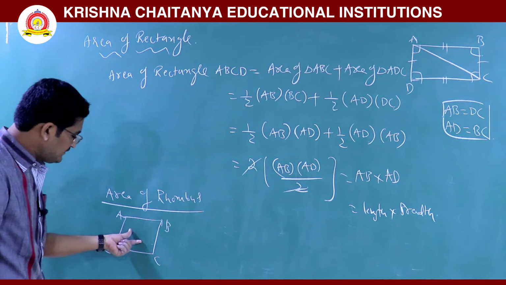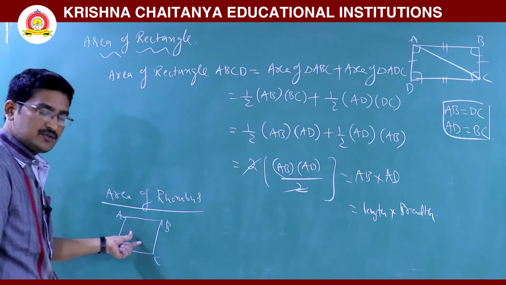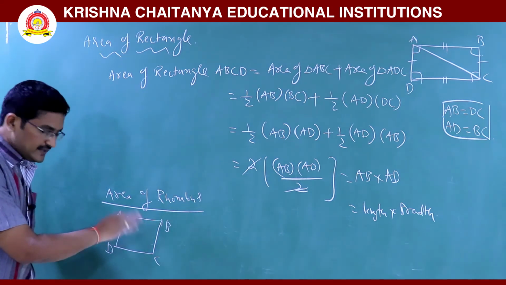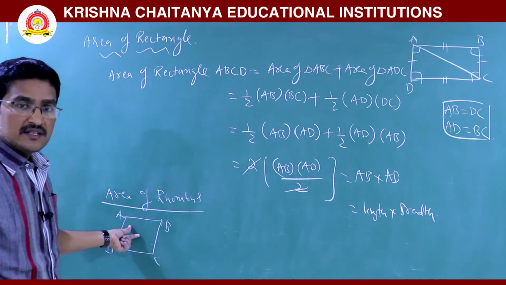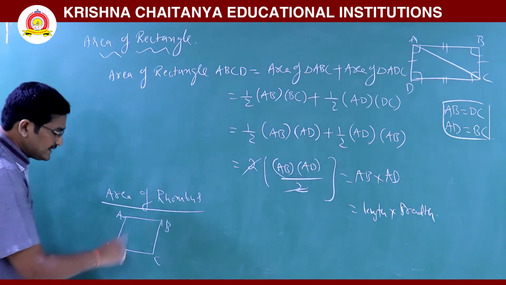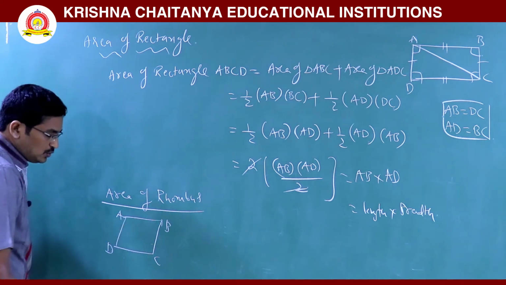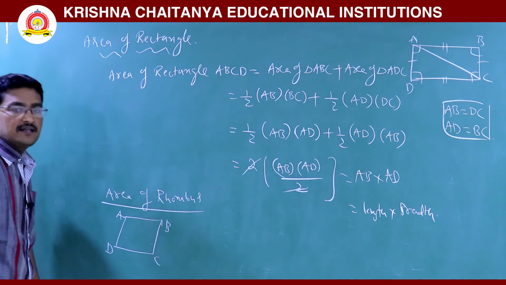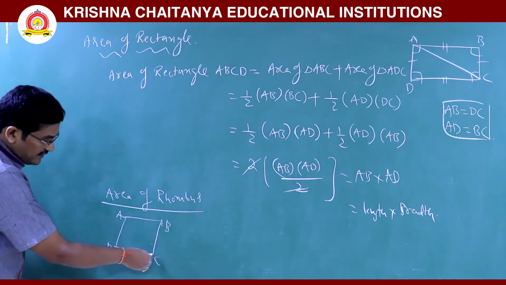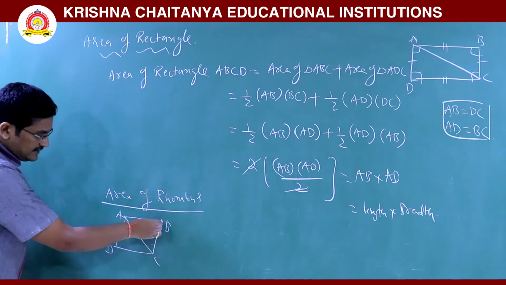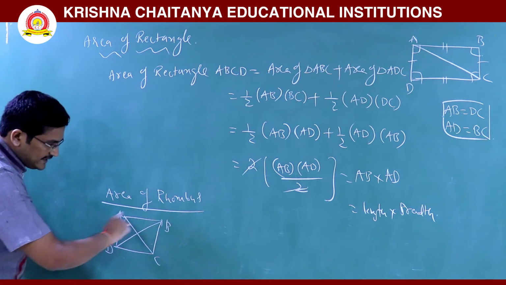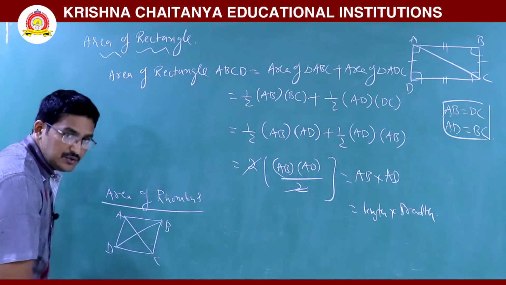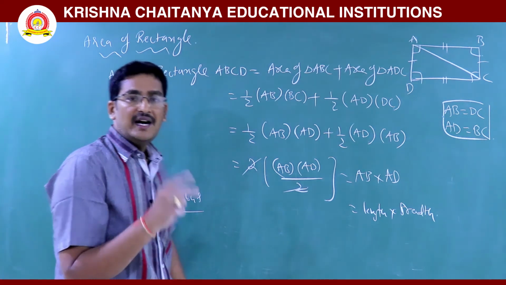To find the area of this rhombus ABCD, first you have to make the quadrilateral into two isosceles triangles. That means you have to make this quadrilateral into two equal isosceles triangles by using the diagonals. So one of the diagonals is this one, the other one is this one, two diagonals. We have to use these two diagonals and make this rhombus into two equal isosceles triangles.